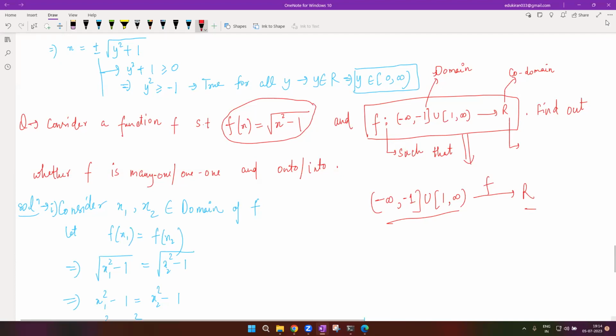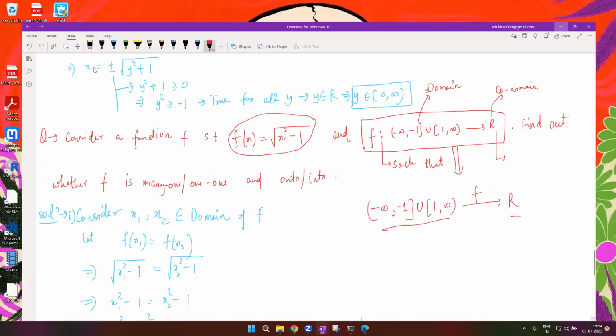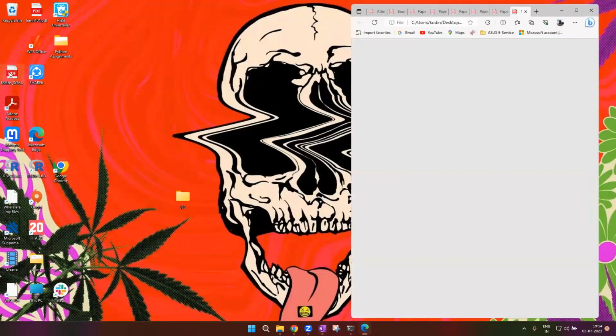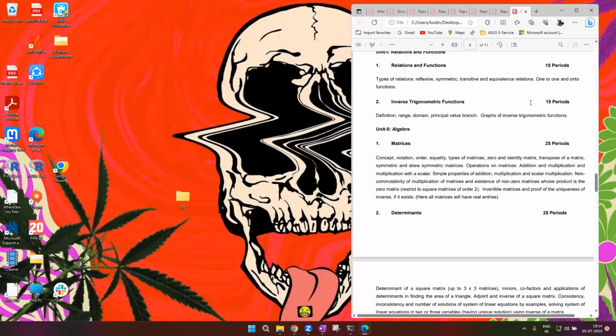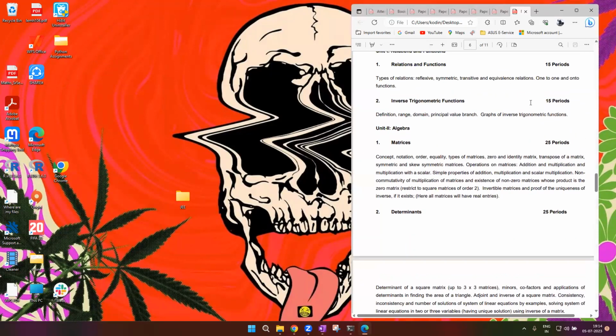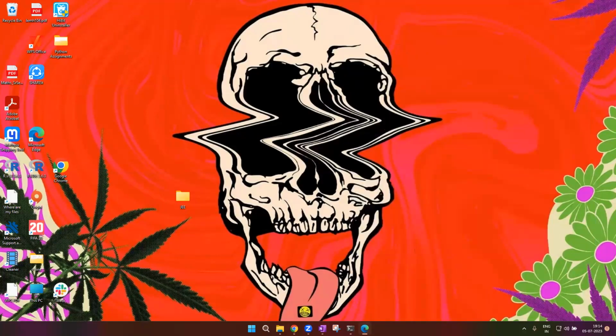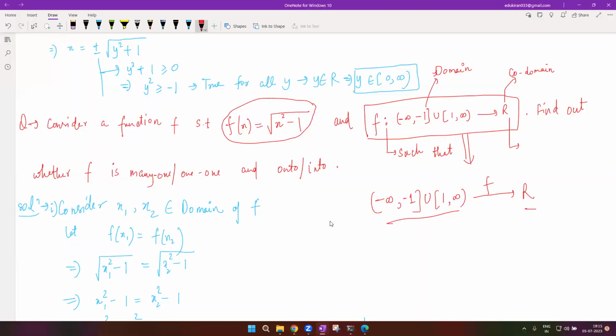Just let me check once what the syllabus is. Yeah, one-to-one and onto functions only. Correct. We had more topics earlier, but I think they have removed invertible functions and all these things. Binary operations also.